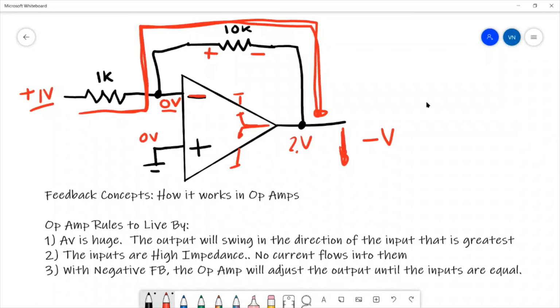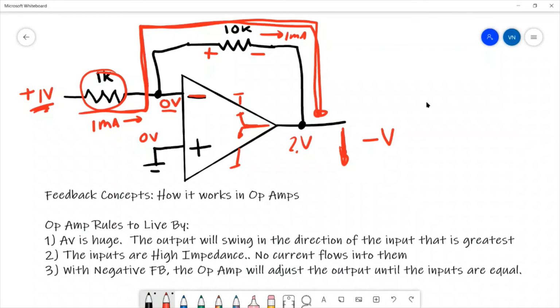From that, we can look at the currents. We put in 1 volt on the input into a 1 kilo ohm resistor. This resistor here has 1 volt on one side and 0 volts on the other. So there is 1 milliamp of current flowing into the circuit. That current gets bypassed through to this resistor.